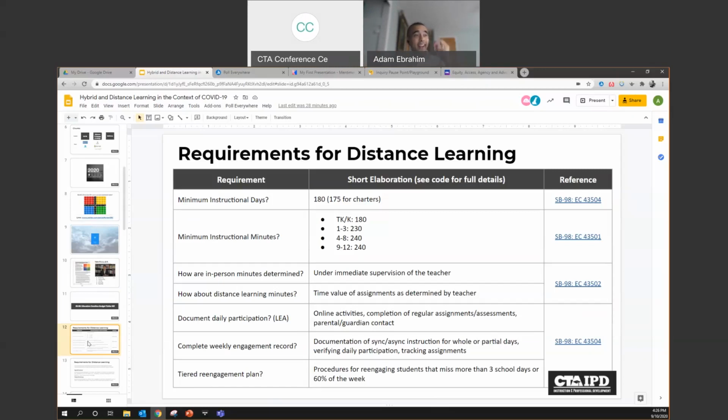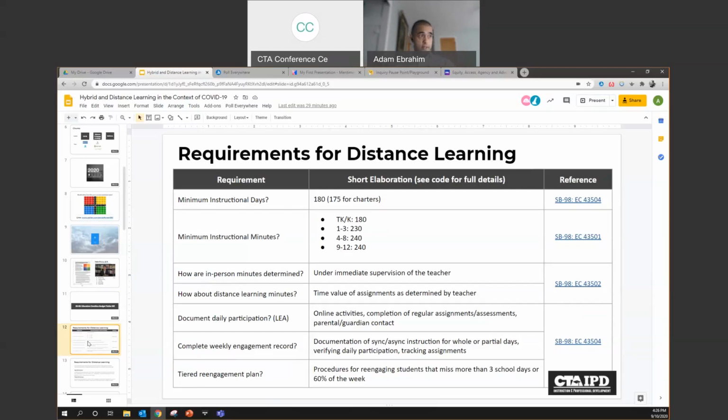How are in-person minutes determined? If you're in a hybrid situation, maybe you're a special education teacher working in an environment with students, well, however long they're with you determines the minutes.